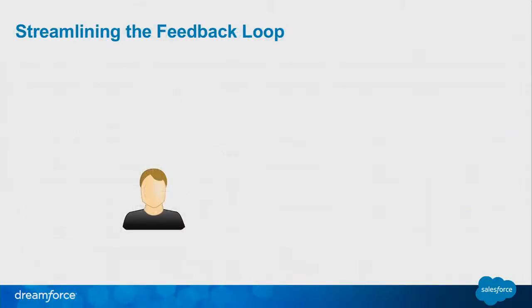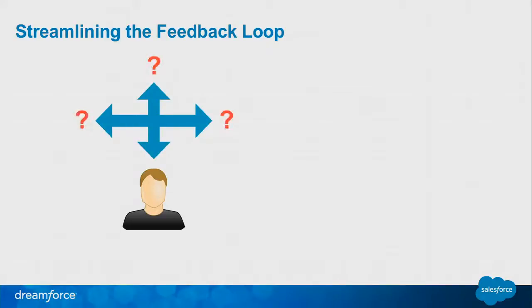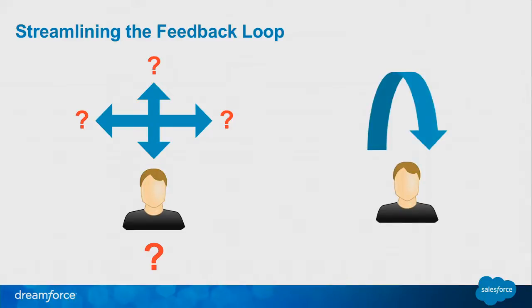But our goal here is to streamline the feedback loop. It can be really difficult to understand where you need to go to get which information, especially as an independent or an inexperienced developer on the platform, or somebody who maybe was working somewhere else for a few months, in some other language, and you're back in Salesforce and you're writing, and you're like, where do I go for that again?